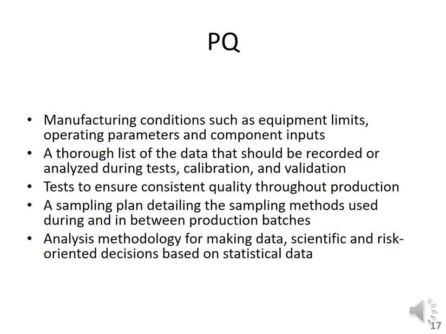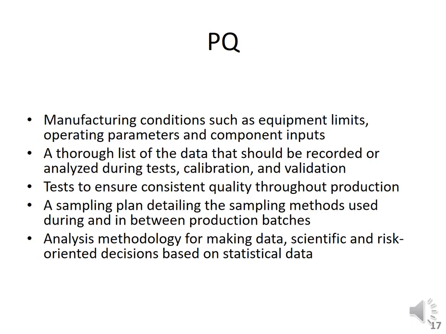Now, performance qualification, a bit more detail regarding the performance qualification. Manufacturing conditions such as equipment limits, operating parameters, and component inputs, these are the relevant factors when you are working on the performance qualification. A thorough list of the data that should be recorded or analyzed during tests, calibrations, and validation.